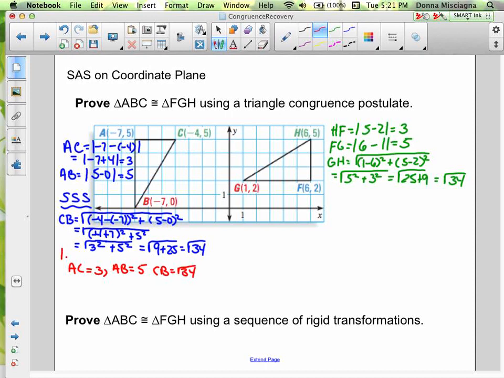So for number 1, we need to write in triangle ABC and triangle FGH because the one thing we were actually given were the two triangles, right? That's how we knew where the points were. We found this information, well, we found two of it, just by taking the absolute value of the difference, but we'll just use the distance formula because we could have used the distance formula for all of them.